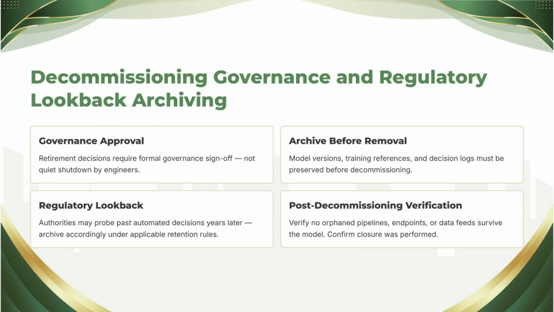Someone must confirm nothing still consumes this model's outputs before the lights go off. A named approver, typically the model owner, exercising their final duty. And a checklist executed with evidence: access revoked, infrastructure released, registry status updated to retired, and monitoring gracefully closed rather than left orphaned and alarming.